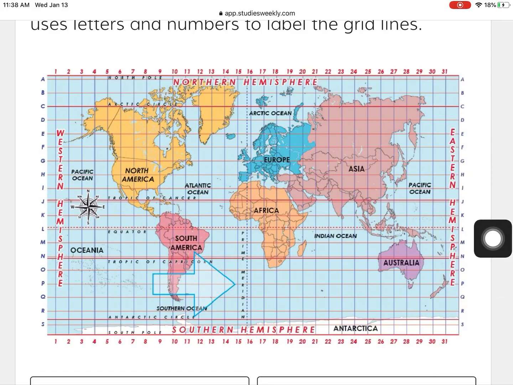Think back to those other grid assignments that we have done. Think about what comes first when we're talking about our location. Do we start with a letter or do we start with a number? We start with letters. So, for example, if I said I am looking for the continent that is in H8, what continent do you think I am looking for?